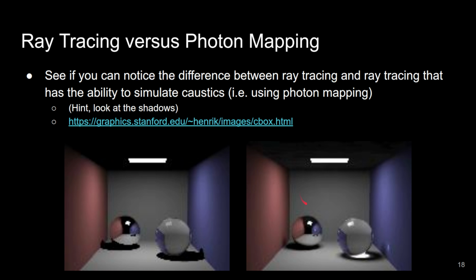But on the right here, you'll notice the difference instantly just when you look underneath the shapes and you see this caustics effect and some of the indirect lighting, even on the walls here, right? This just simulates much better what's going on in the real world. I mean, even look at the ceiling of this image here. You can see how it's a little bit brighter here and just the reflections in the wall.